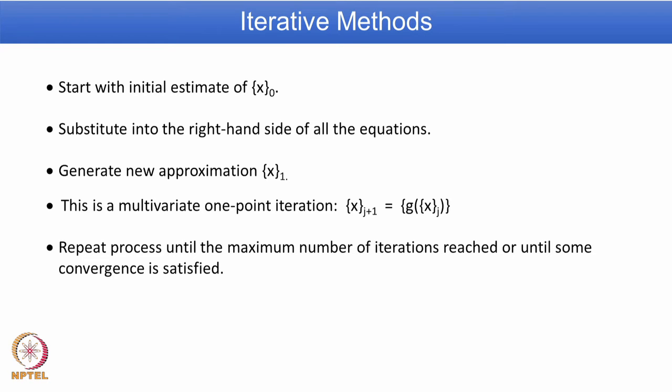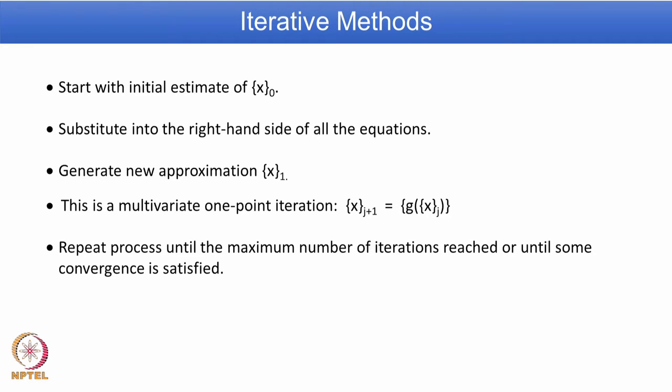We learnt about the convergence limit, which is one such criterion. For example, if the absolute difference between the present value and old value is less than the specified value, then you can terminate the iteration. This is one such convergence criterion.